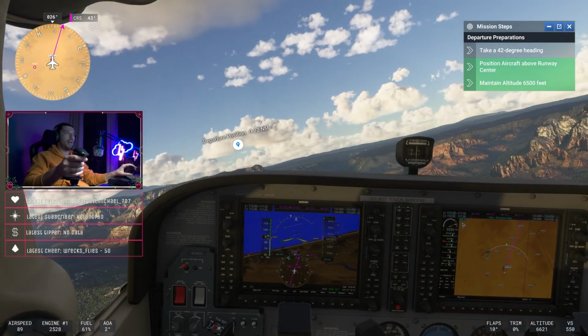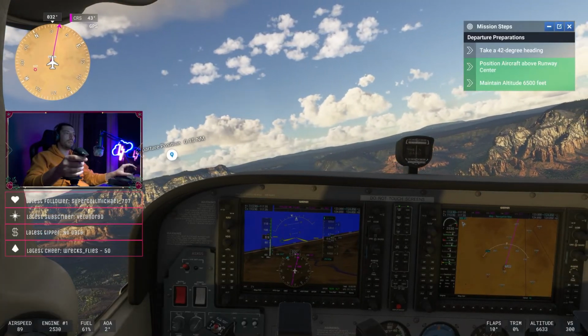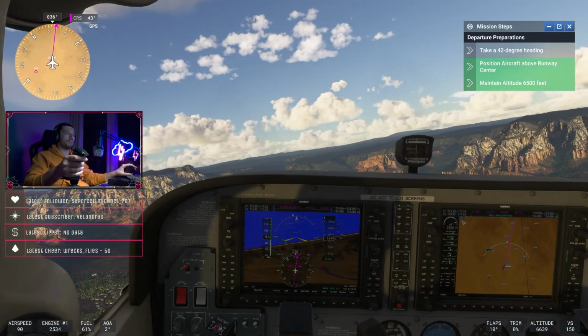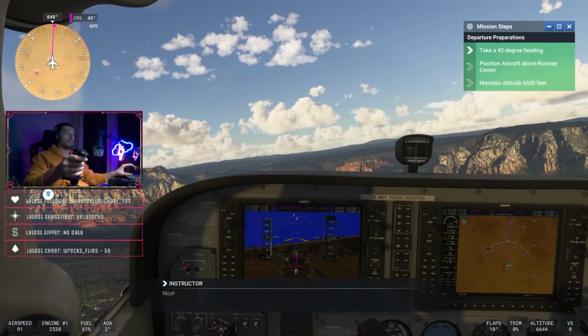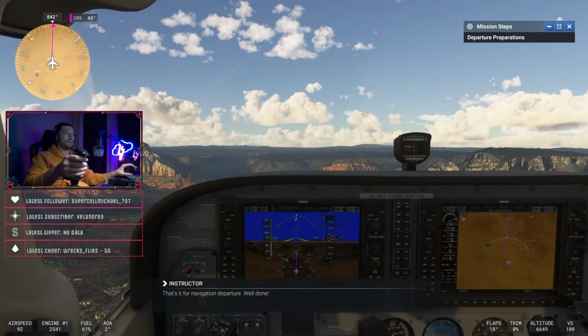Take a 42-degree heading. Nice. That's it for navigation departure.